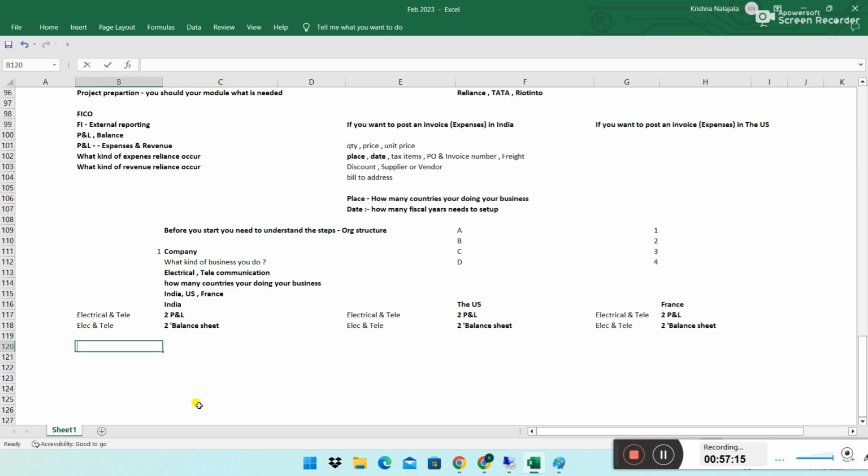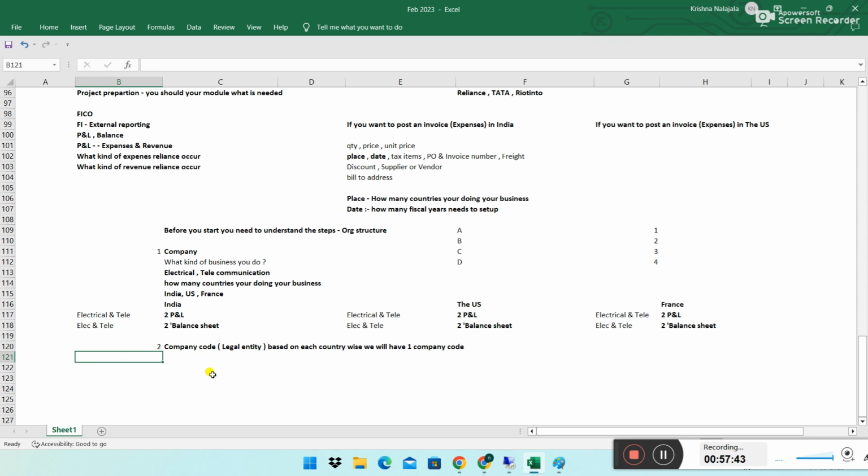The second organization unit is a company code. Company code is nothing but a legal entity, and for each country we will have one company code.